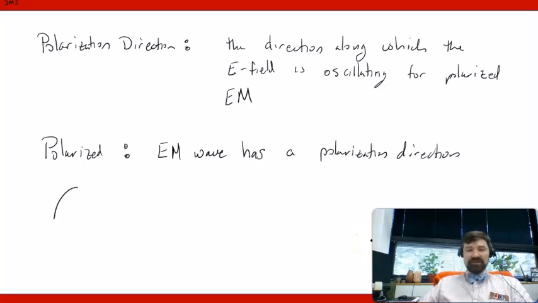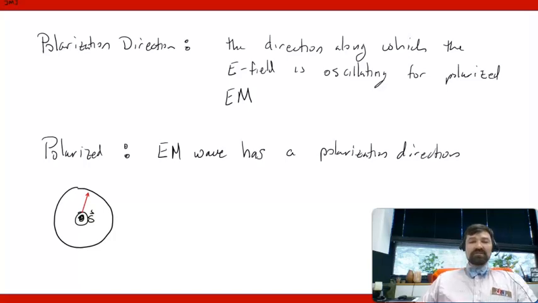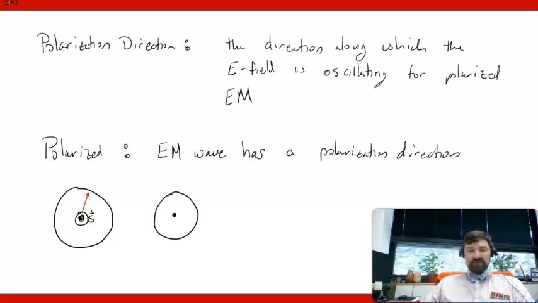So if I'm looking down the Poynting vector, such that the Poynting vector is like this, S, then this right here would represent polarized electromagnetic radiation. Again, we're looking at the Poynting vector straight on. This one right here is polarized. This one right here is not polarized, or at least has some superposition of polarizations.